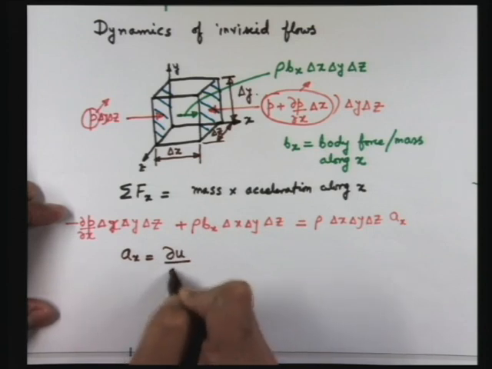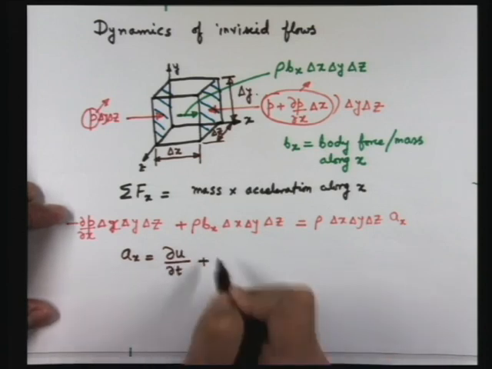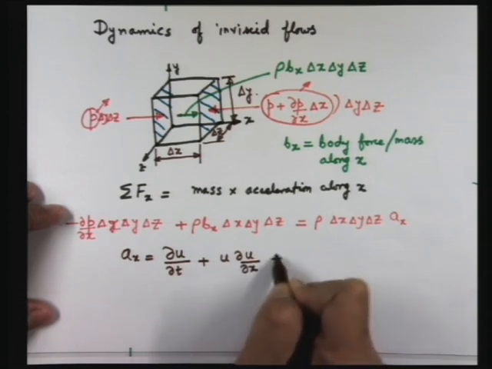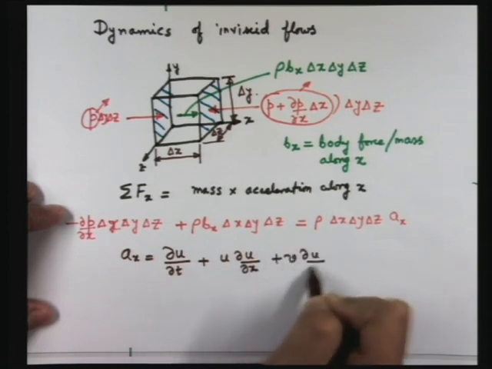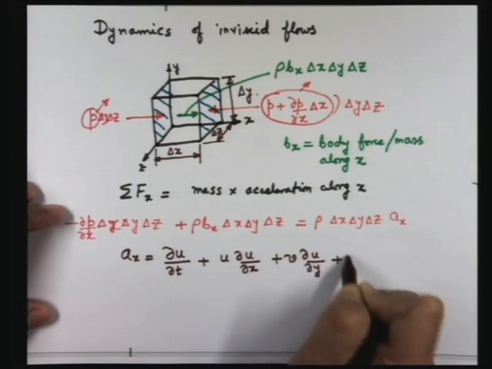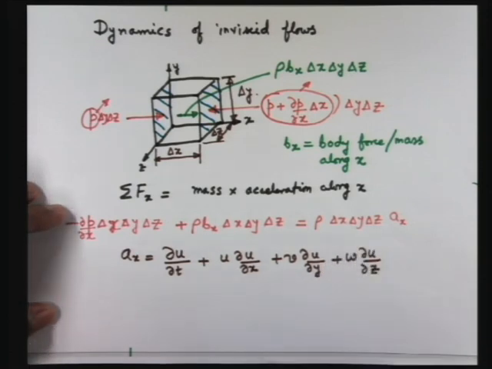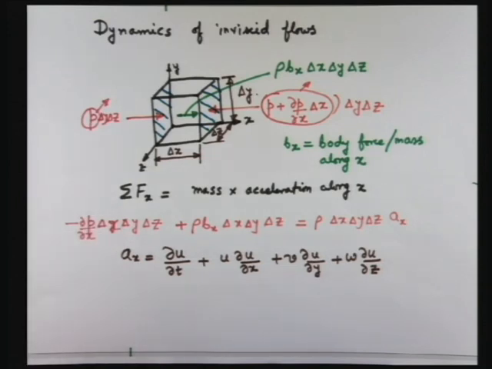Del u del t plus u del u del x plus v del u del y, okay. This expression was derived in yesterday's lecture. I am not going through that anymore.